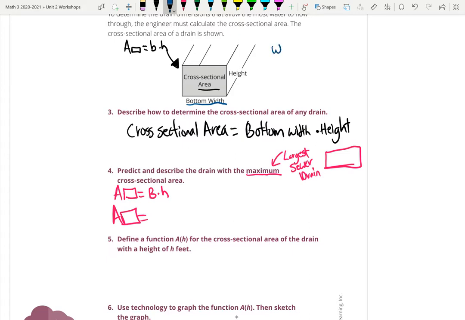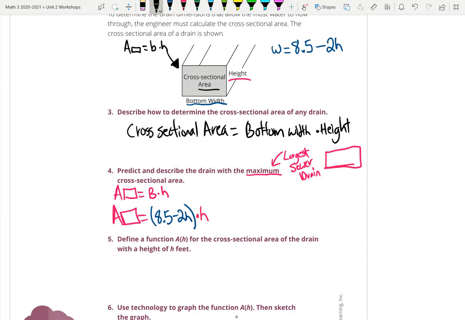Wasn't the width equal to 8.5 minus 2h? I'm going to use this value for the bottom width times my height. Well, that was just h.